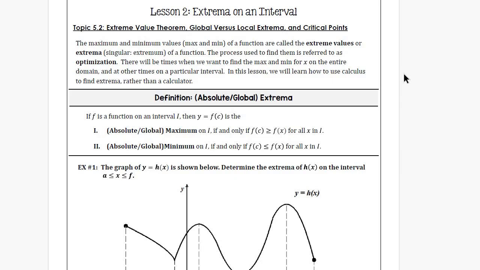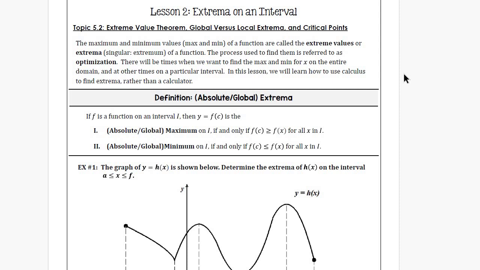We are going to look at what's called optimization, so that is finding the optimal point, either the highest or the lowest point for a specific function. We actually have two different types of extrema. The first is an absolute or a global, which is what you are used to finding in your other classes.